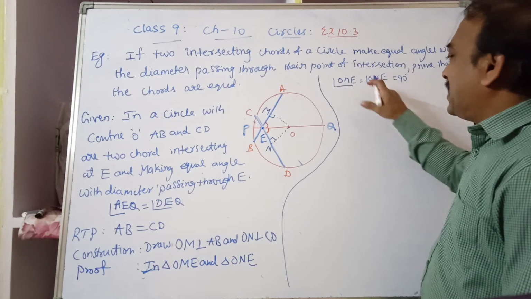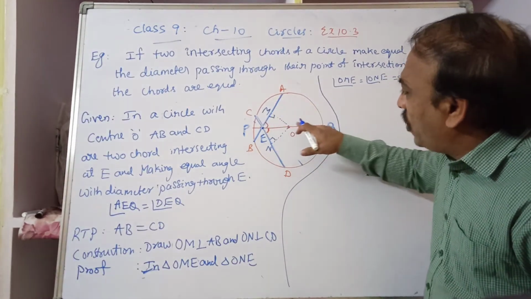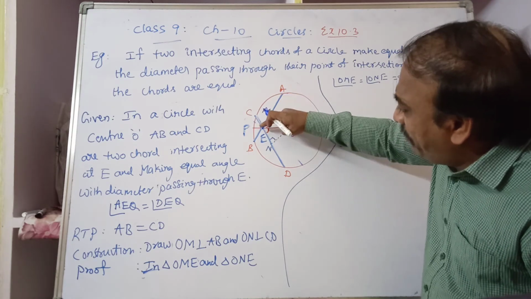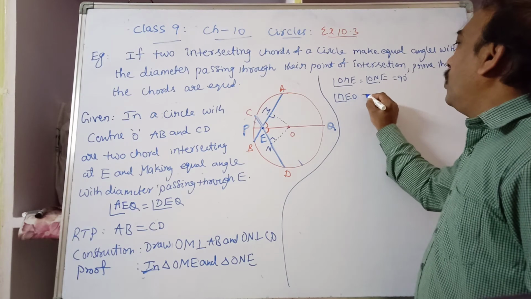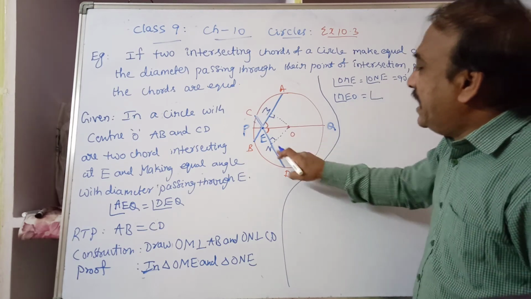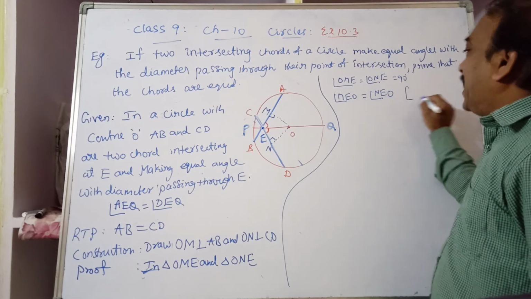Next, as we constructed the perpendiculars. Next, observe angle MEO is equal to angle NEO. Why are they equal?